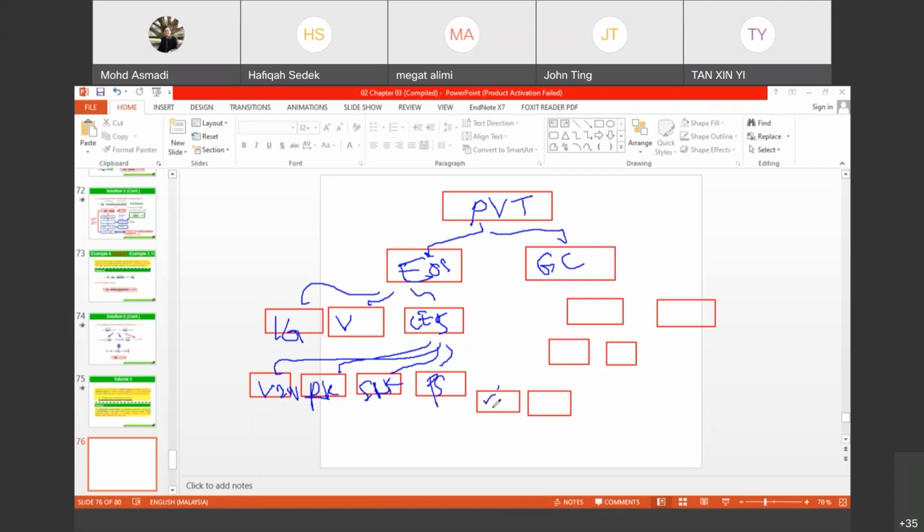We have vapor and we have liquid, so you have to consider whether it's liquid or vapor phase. The next correlation, we have compressibility factor, for gas and also liquid. For gas we have compressibility factor and also virial. For the liquid, what do we have?